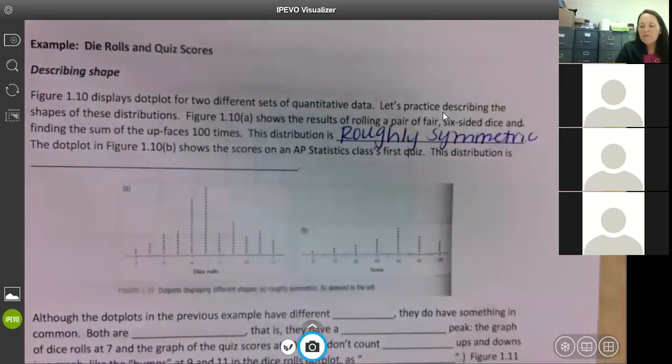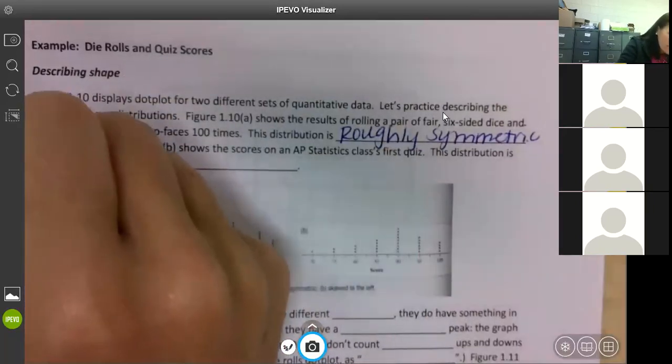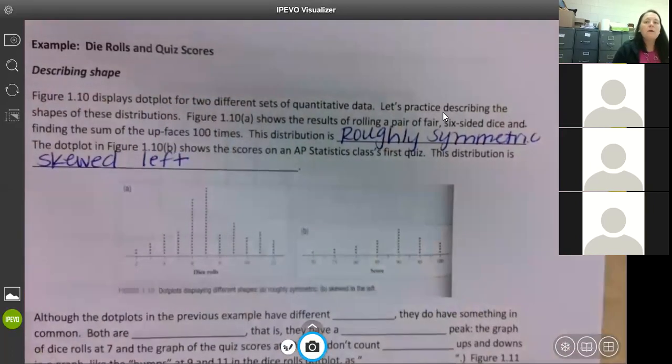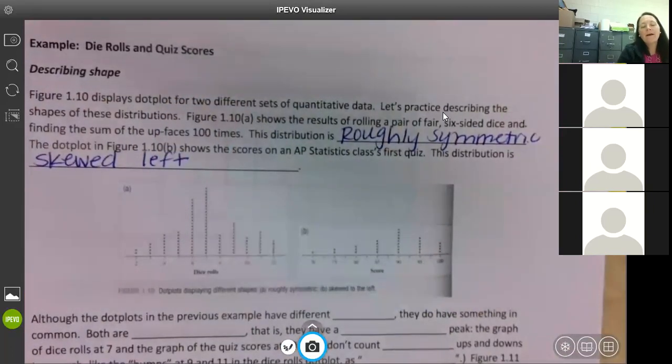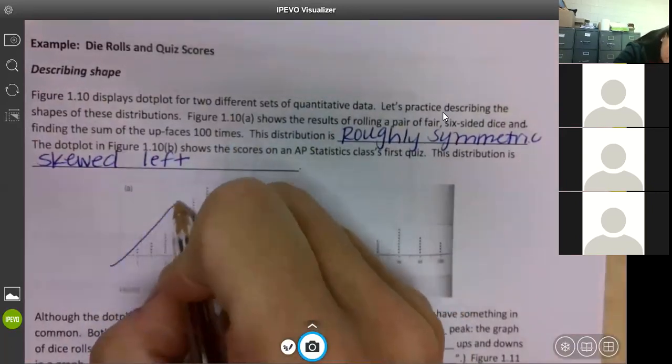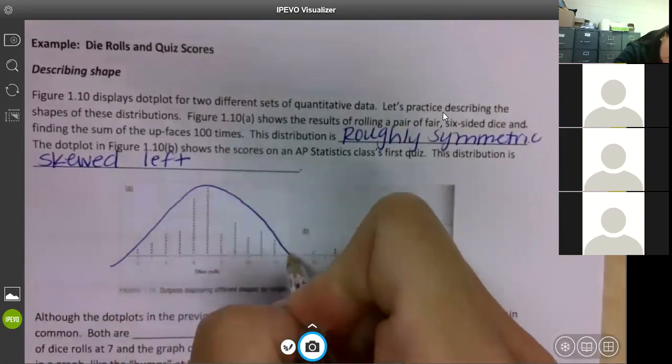The dot plot in figure 1.10B shows the scores on an AP Statistics class first quiz. This distribution is skewed left. Okay, and we're going to talk about it. So if we try to figure out the overall pattern and the overall shape, when we look at these dice rolls, you guys see it goes up like that one hill.